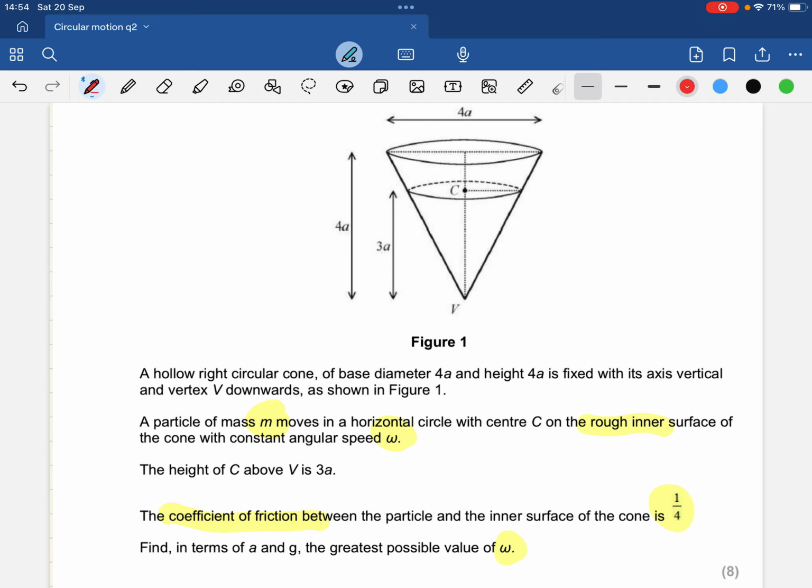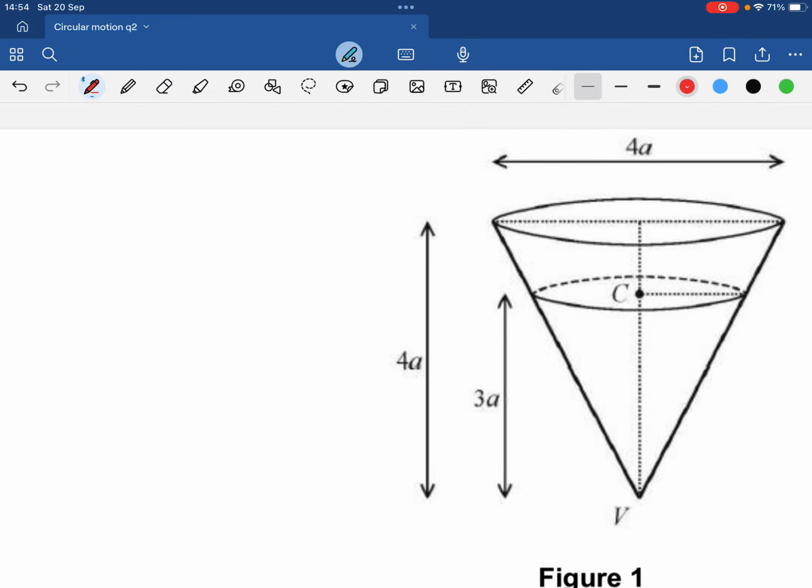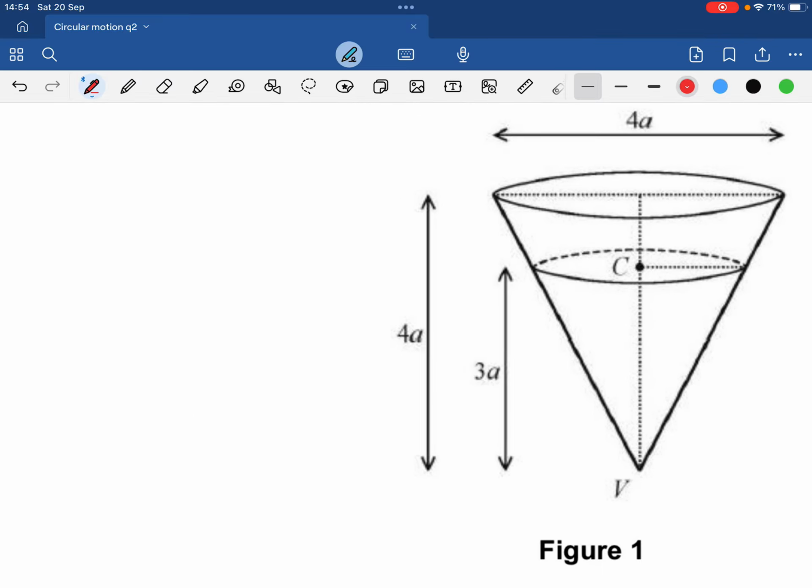So I would always recommend you start by thinking about this triangle and some key lengths for us. So I'm going to sketch a similar triangle to this one, but I'm just going to draw half of the cone, because we only really care about half. This is supposed to be a right angled triangle, by the way. So this length here will be 4a.